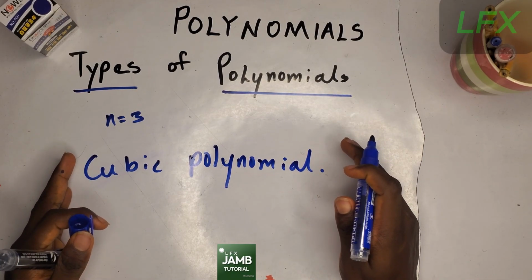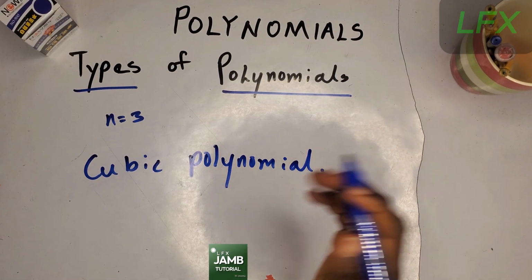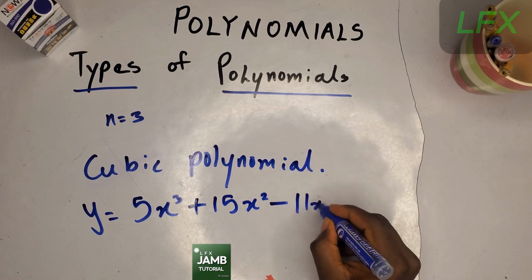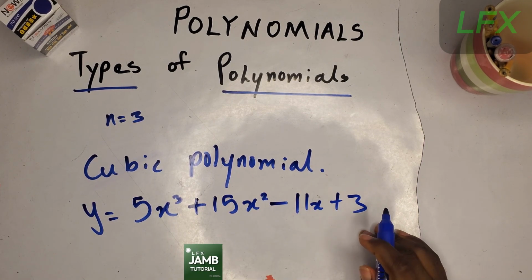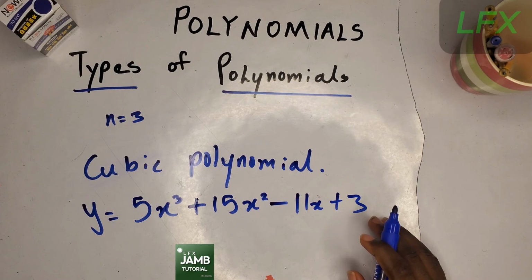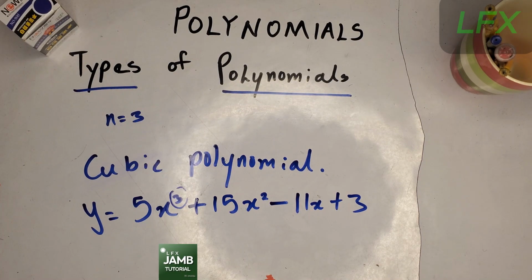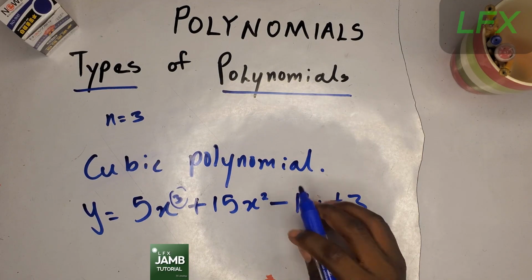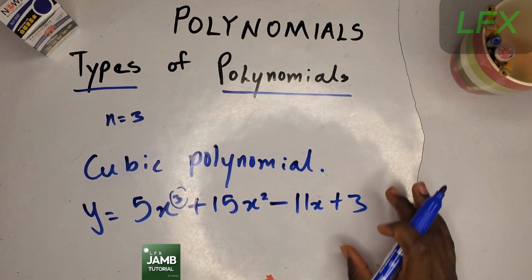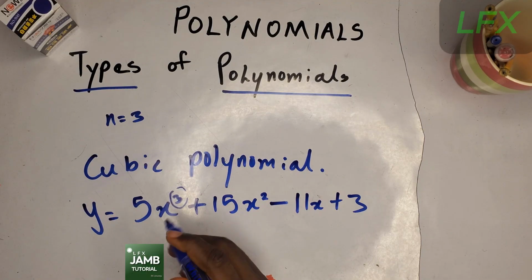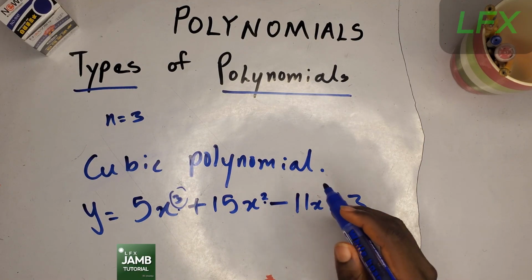When n equals 3, that equation is called a cubic polynomial. So we have an example like the one in your notes. This is an example of a cubic polynomial. Why? Because the power here is raised to power 3. Following the rule of polynomial, like I said, subsequently the power begins to reduce.